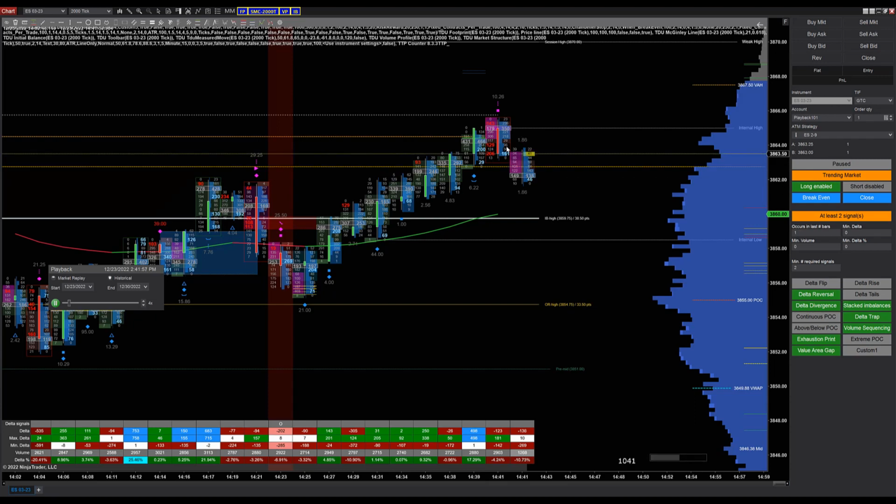Oh, problem. I'd like to see that come a little bit lower. We got negative delta on that. I'd love it down here if I can get one a little further down. Now remember, what I'm looking for here is a series of trapped traders or reversal prints. So a little sequencing coming down here.